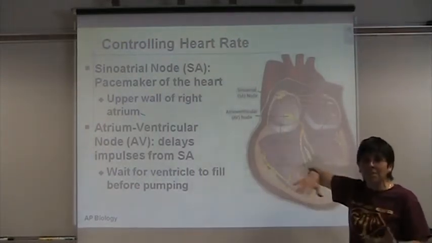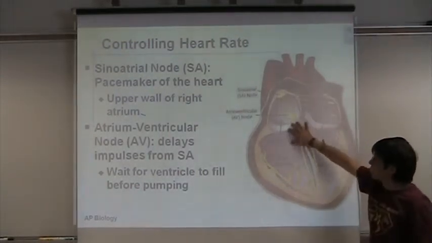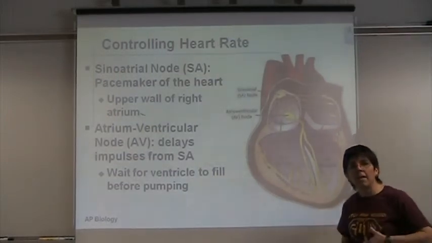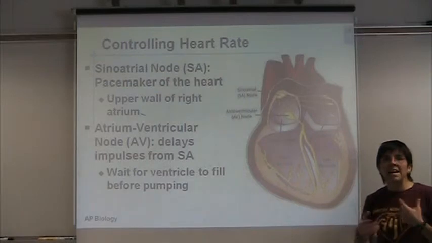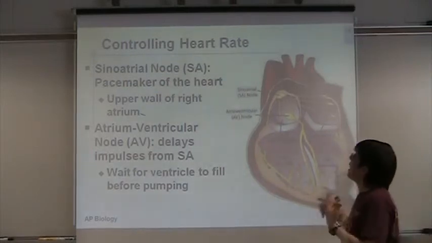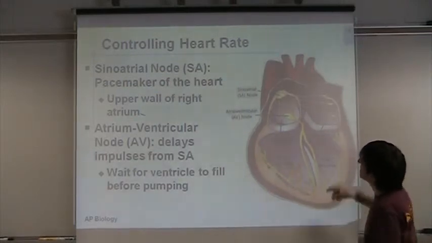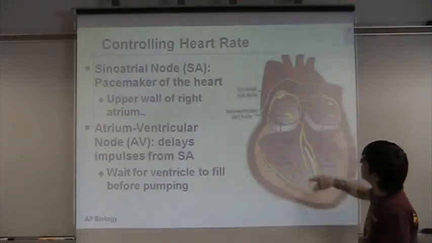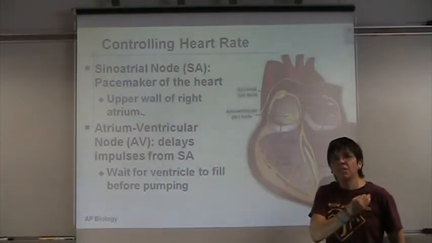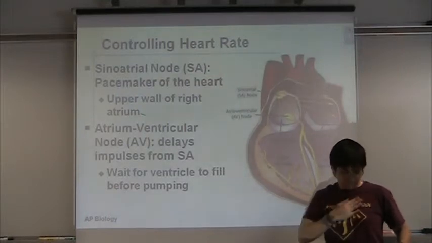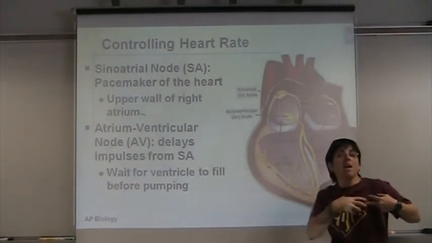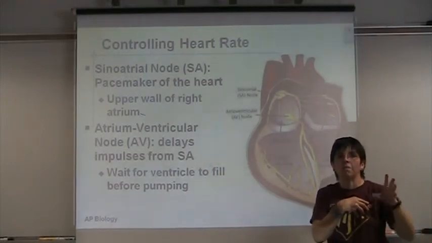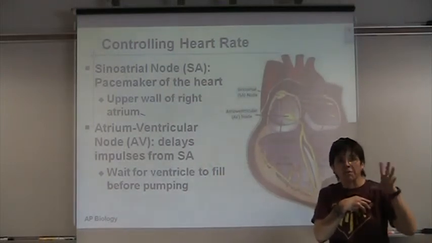So I hope you understand this. It's just very simple, but it's important, because when this is not working properly, that's when people have arrhythmia problems or irregular heartbeat. And when they have irregular heartbeat, if you know anybody, like my dad, for example, this is not working, they need to put in an artificial pacemaker, that they put here, and basically it takes over this one and regulates the heartbeat for the rest of your life.